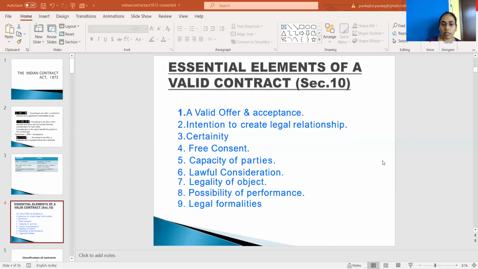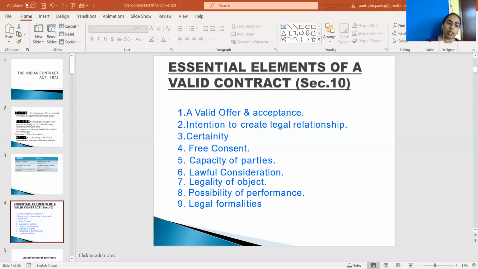Next essential is lawful consideration or legality of object. These two are one and the same point. So first we understand what consideration means. Consideration means something in return.